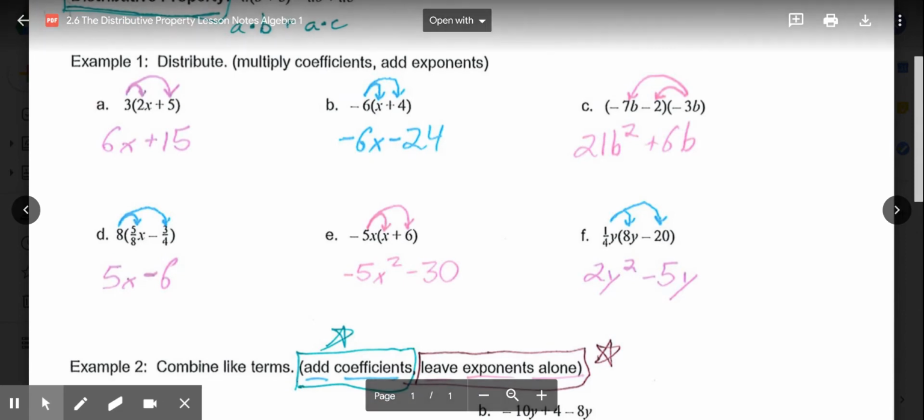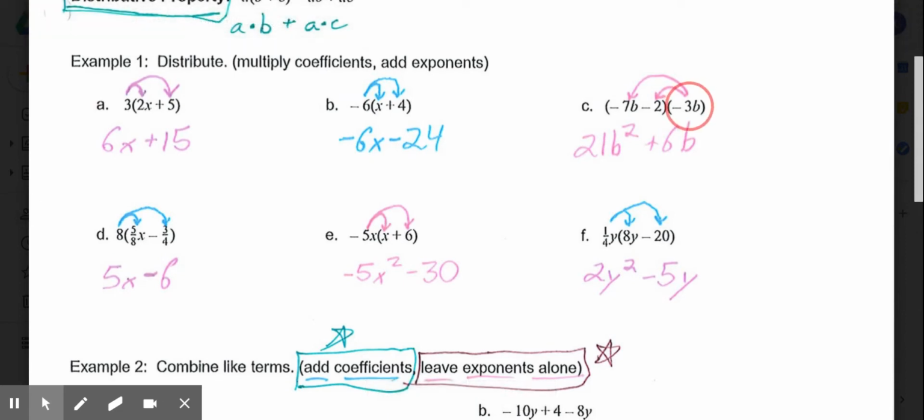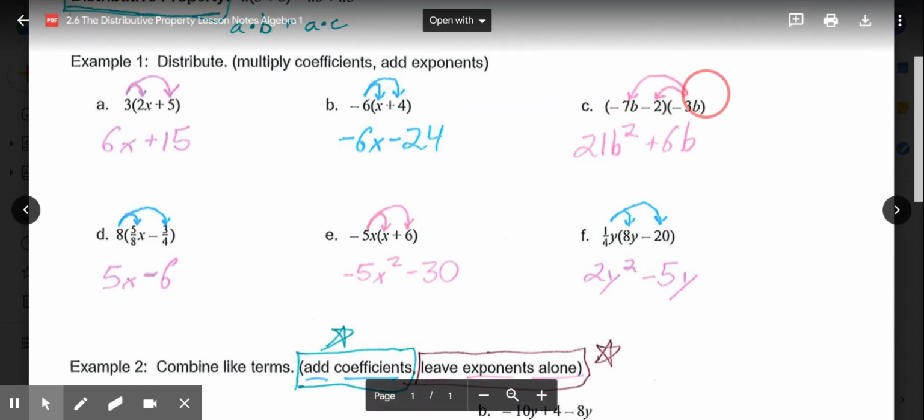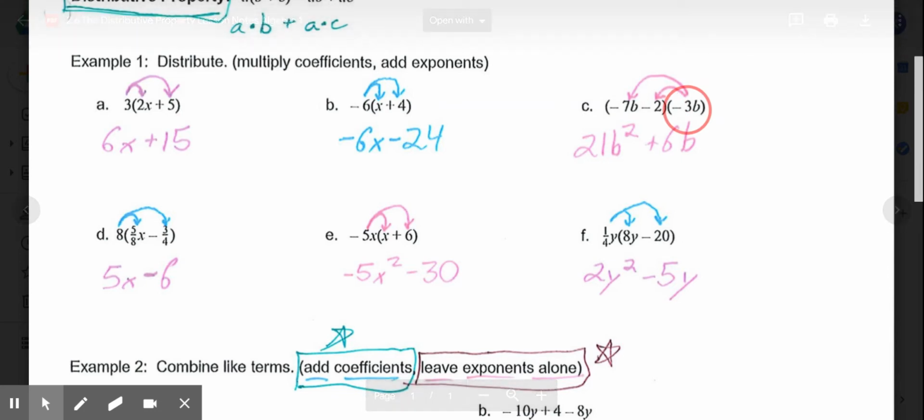In C, the negative 3b is after the parentheses, but that's still what's being distributed, even though it's in its own parentheses. That's just to separate the negative sign and multiplication, so it didn't read as minus 3b. So in this case, we have the quantity negative 7b minus 2, and then we're distributing the negative 3b to each part. So a negative 3b times a negative 7b.